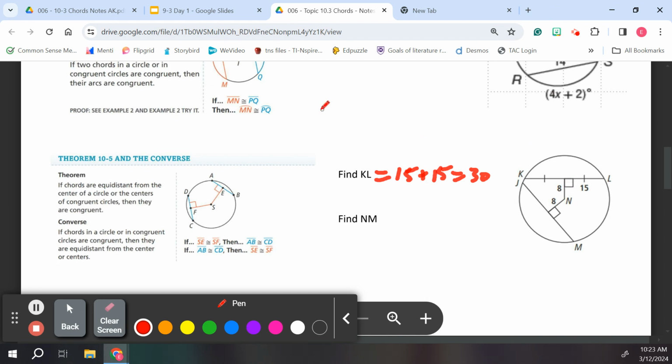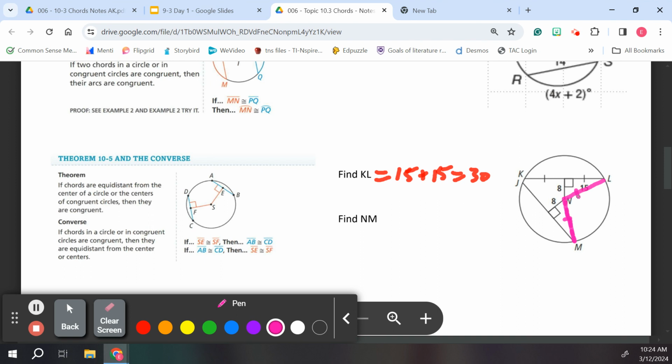Now for NM, they want us to find this line, which actually acts as a radius. Now we know these are equidistant. So that means if this is 30, we also know that this and this would be congruent.